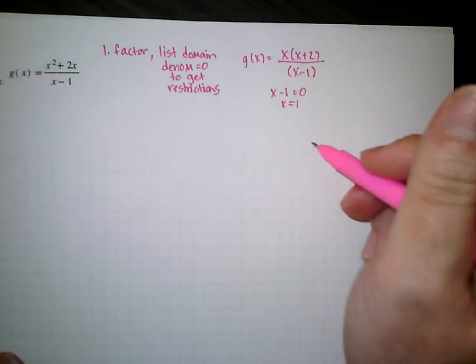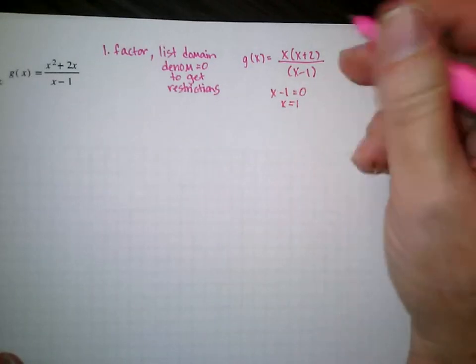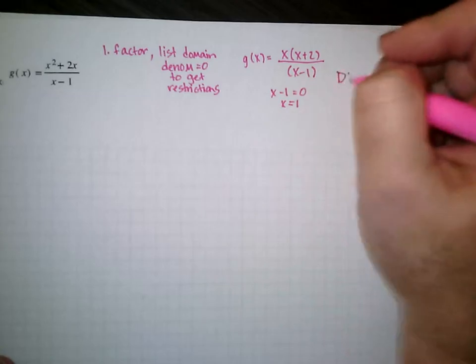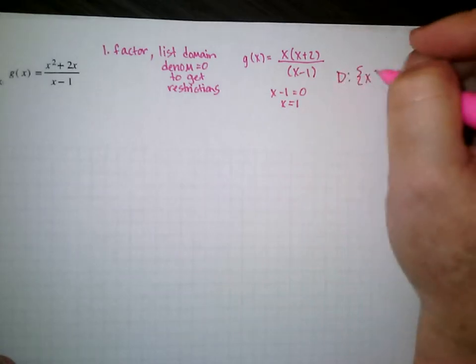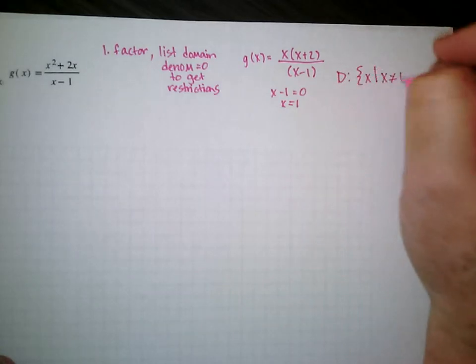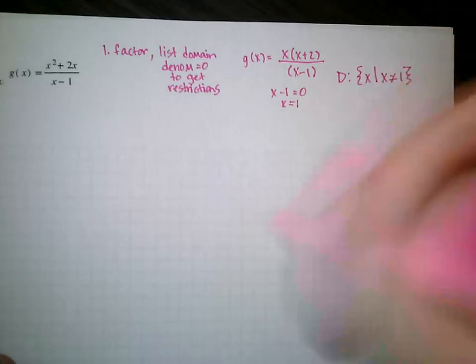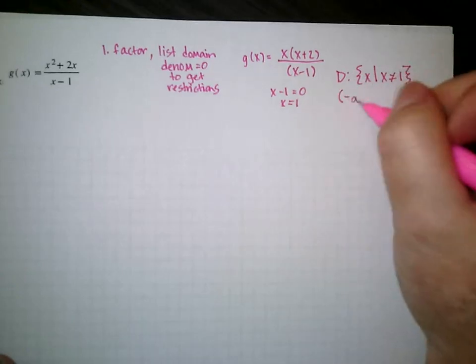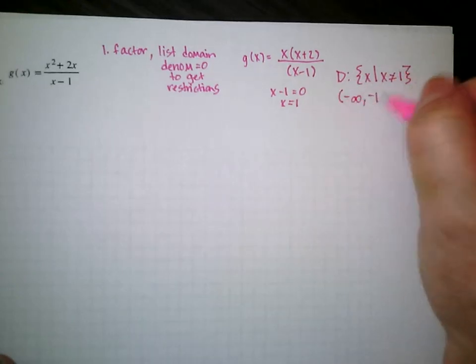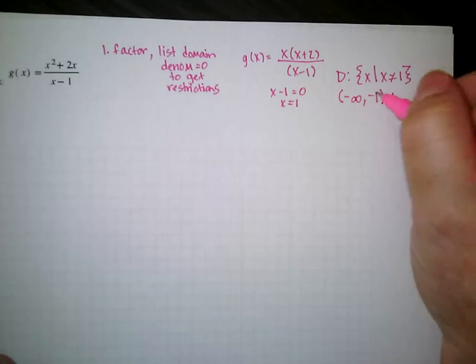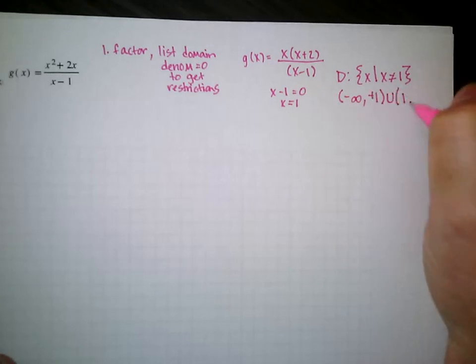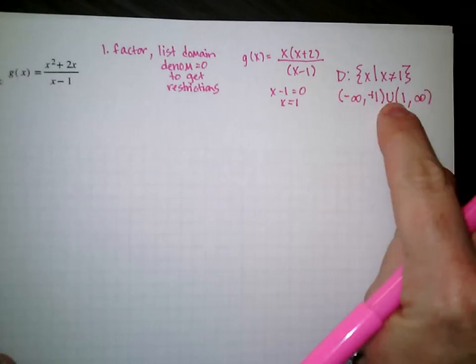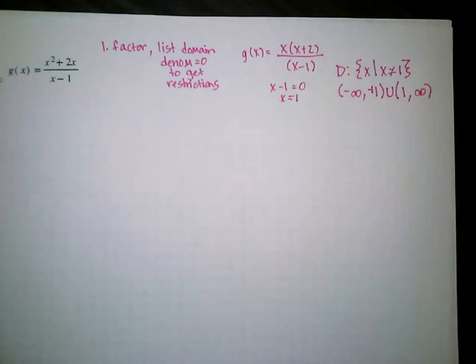This is our domain restriction. So the domain would be all the numbers of x such that x does not equal 1. Or in interval notation, which is my preferred way, we go from negative infinity to 1, that's a positive one, and then from 1 to infinity, because we have to exclude the value of 1. So that's our first item.